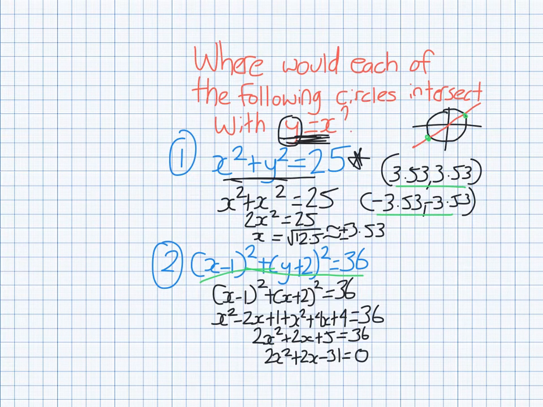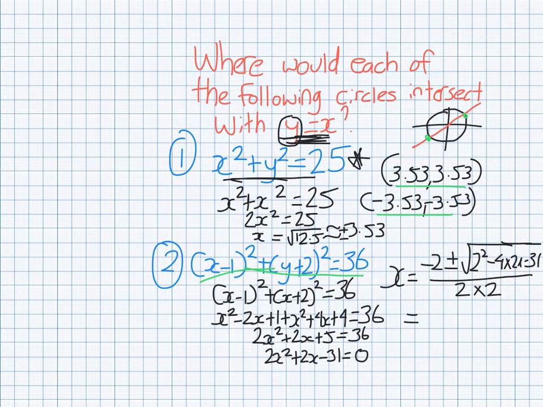For something like this, the easiest way to solve would be to use the good old quadratic formula. So x is equal to minus b plus or minus the square root of the discriminant. So that is 2 squared, 4, minus 4 by 2 by minus 31, all divided by 2 times a. So the answer we get is minus 2 plus or minus the square root of 252, over 4.